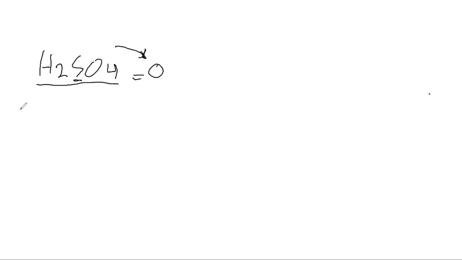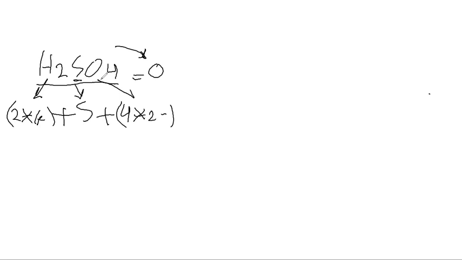So here, 2 times 1 positive for the hydrogen, plus S, or you can assume X, plus 4 times 2 negative for oxygen, will equal 0. Solve the problem mathematically. S will equal 6 positive.